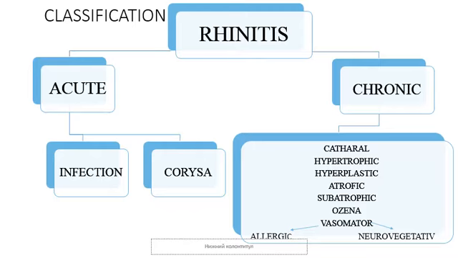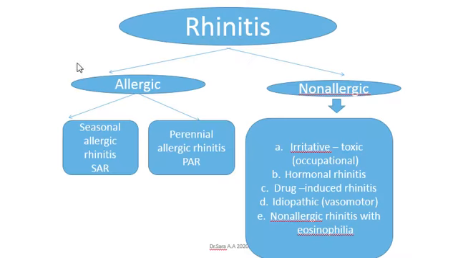This classification we demand of you in our exam, in our program, and we have another classification also, which is generally accepted in the Western world. The rhinitis is divided into allergic and non-allergic.